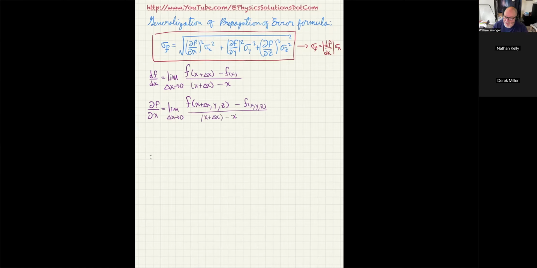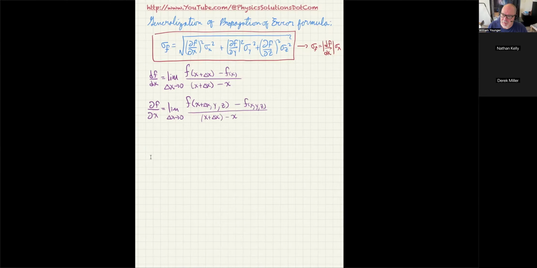So that is the definition of a partial derivative, and you can see that they're pretty much just pretending like the y and the z and any other variables in the function are just constants. That's the way you do a partial derivative. You pretend the other variables are a constant, and the one that you don't treat as a constant is the one that's in the bottom of the symbol for the partial derivative.